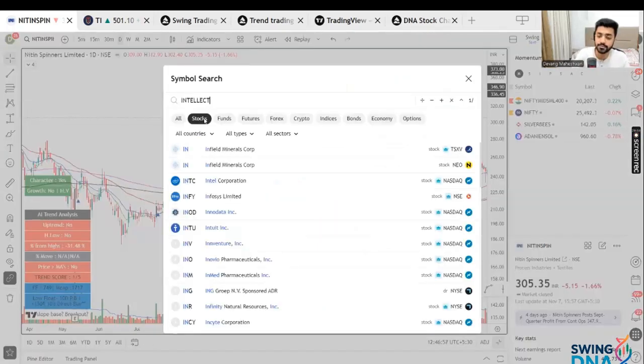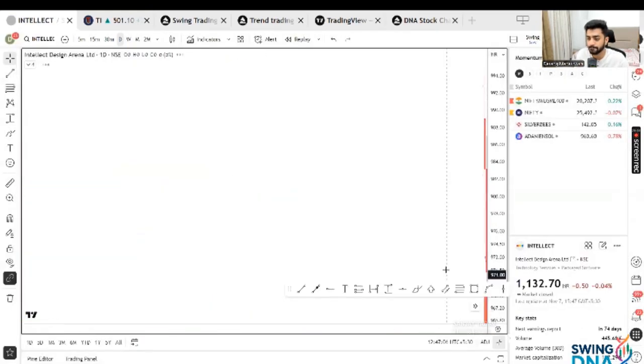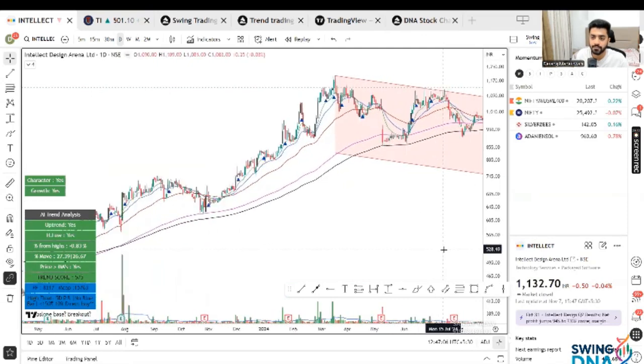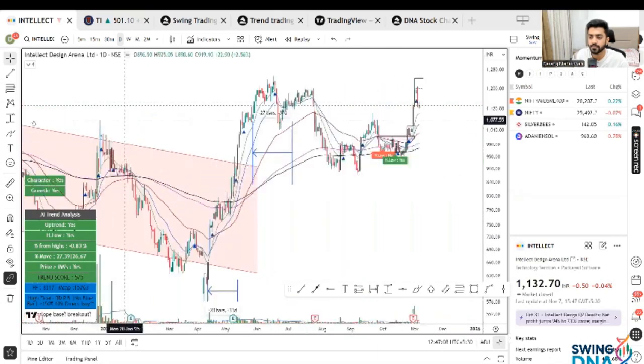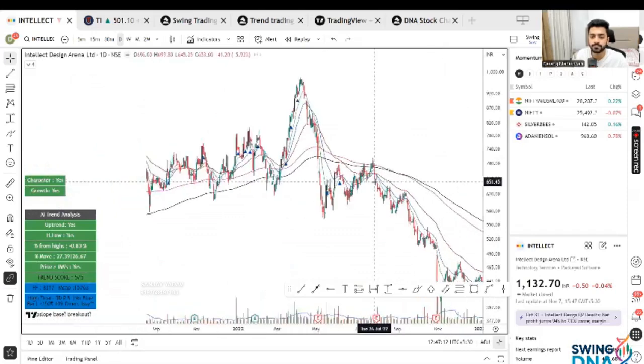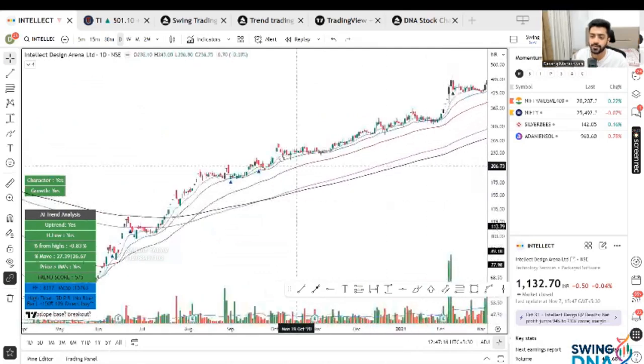Let's see Intellect. No, there is nothing much. See, like this one, moving very slow, whole time.